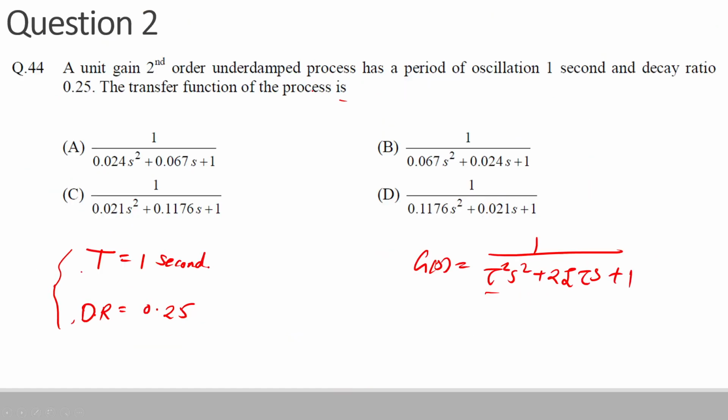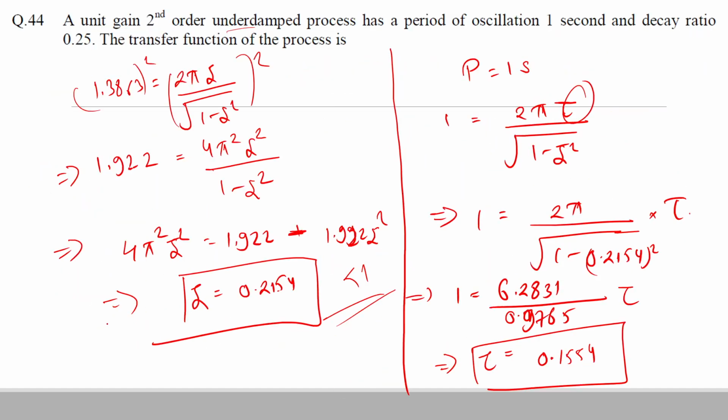So yes, as I discussed, you have to find this constant tau and zeta using these two pieces of information. For the time period, we have the formula. Similarly, we have the formula for decay ratio. On the basis of that, you can get the value of zeta as 0.2154 and the value of tau as 0.1554.